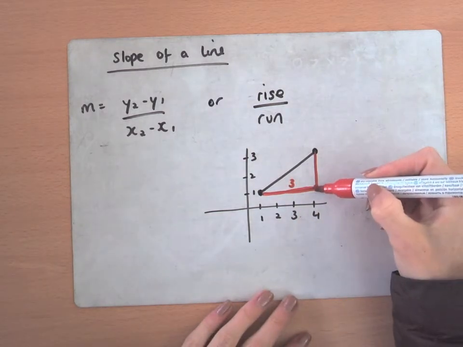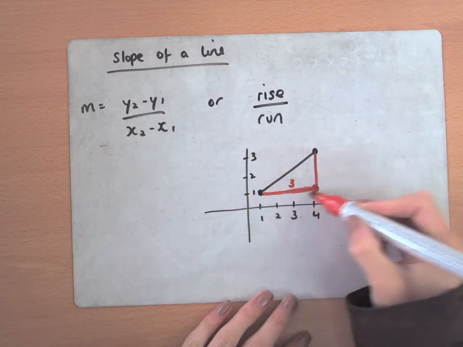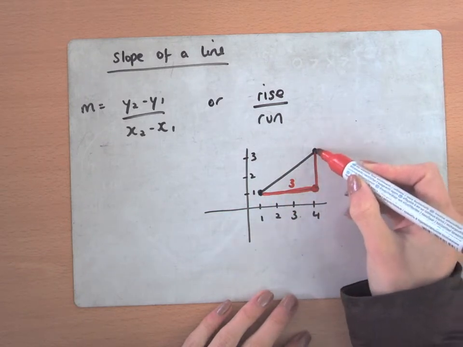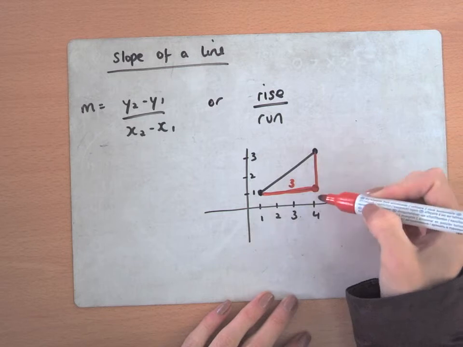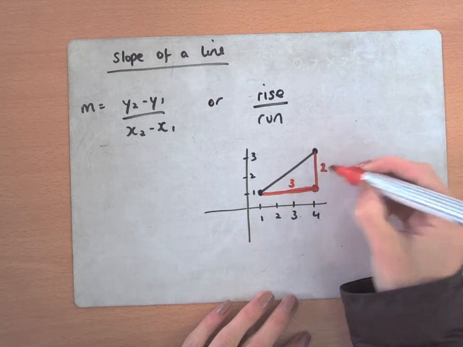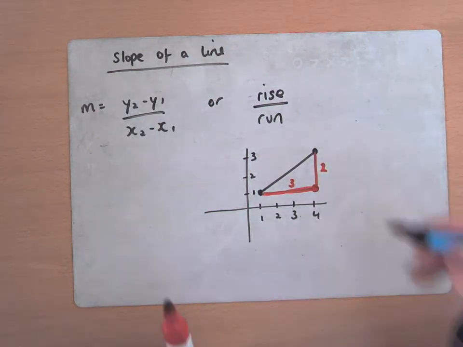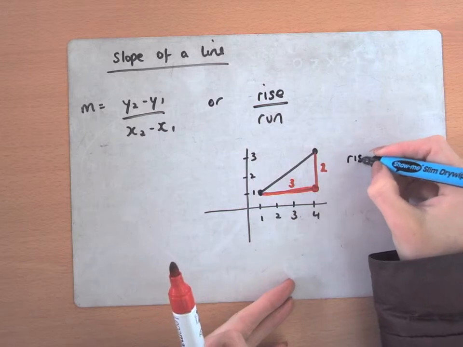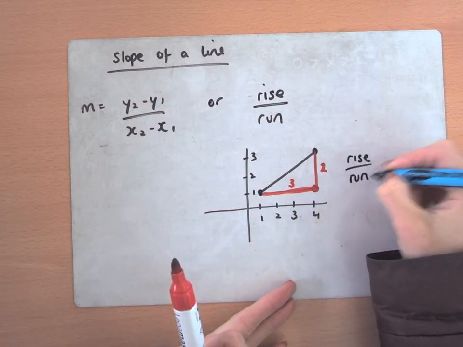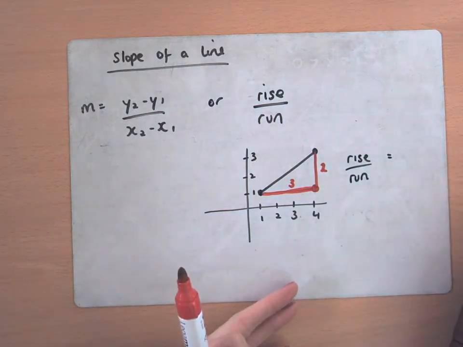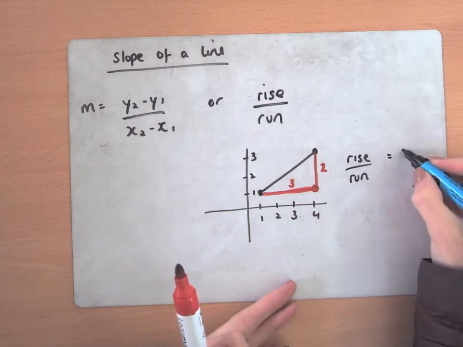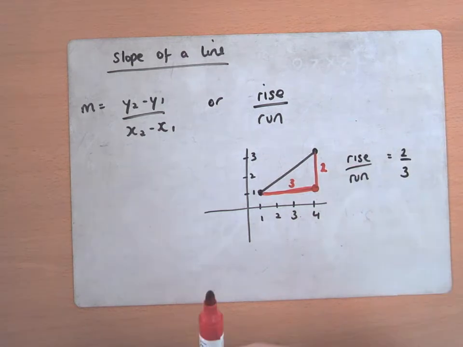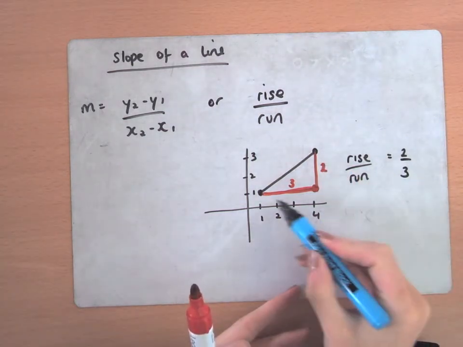My rise goes from here, 1, up to here, 3. So what's the rise? 2. So what's my slope? Rise over run, which is 2 over 3. Excellent. Always do the rise over the run.